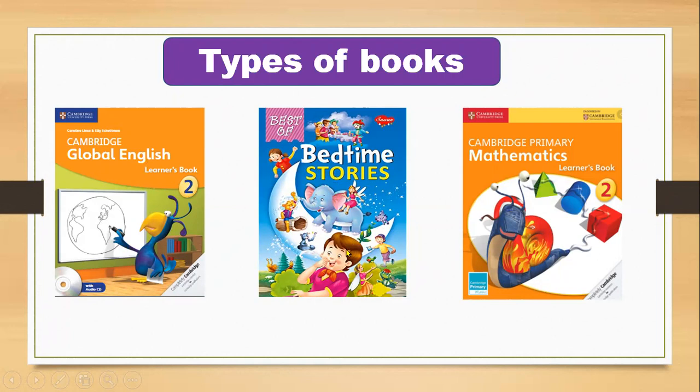You can read stories about different characters, like animals, humans, okay, like cartoons. And this is your math book. In this book, you can learn how to add numbers, how to multiply, how to divide, okay, how to subtract.